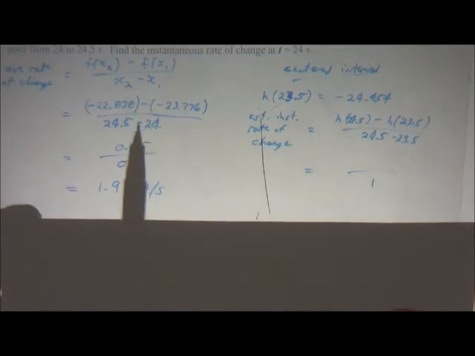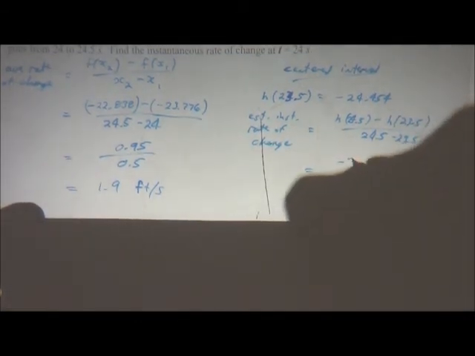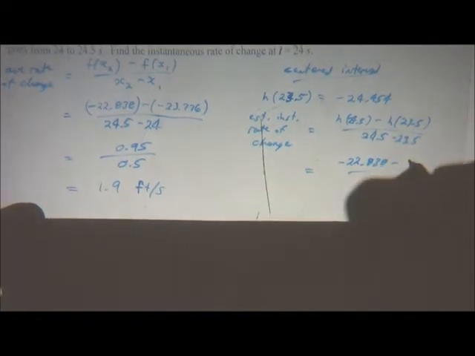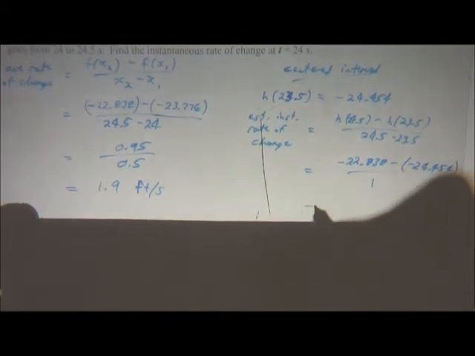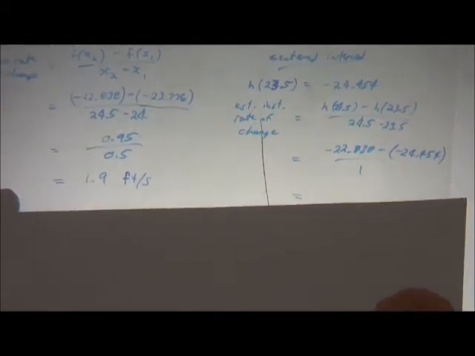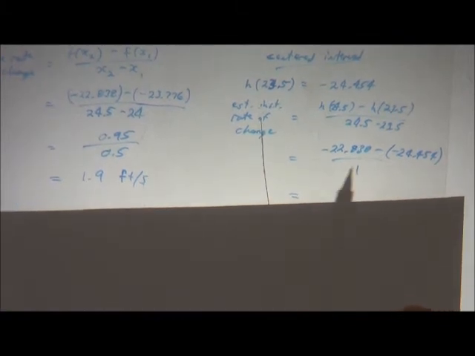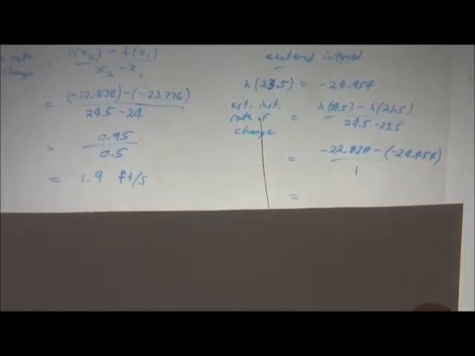And 24.5 from what we saw before was negative 22.838, supplied by Tiago for us. And then we subtract in brackets negative 24.454. So when you subtract there, you got negative 22.838 minus negative 24.454. What do you get for that rate of change, please?